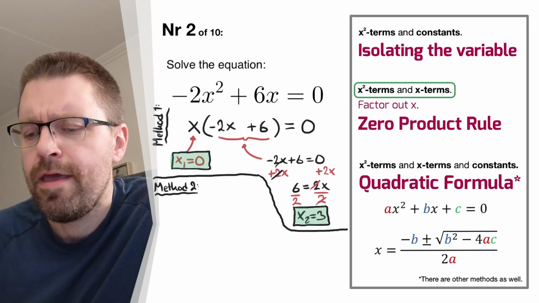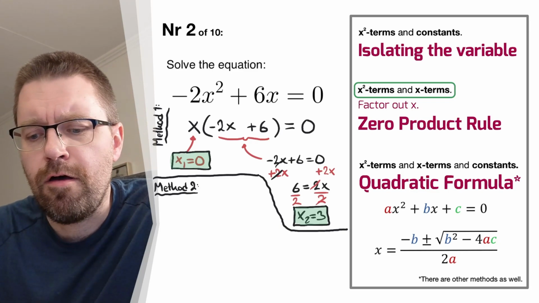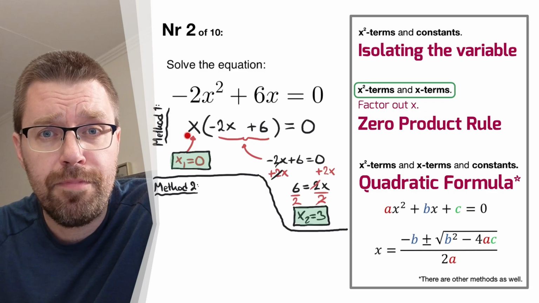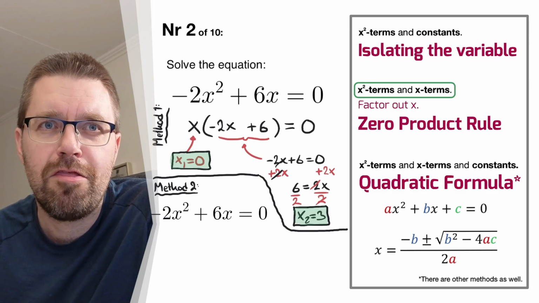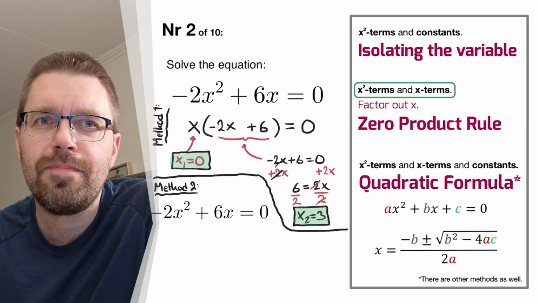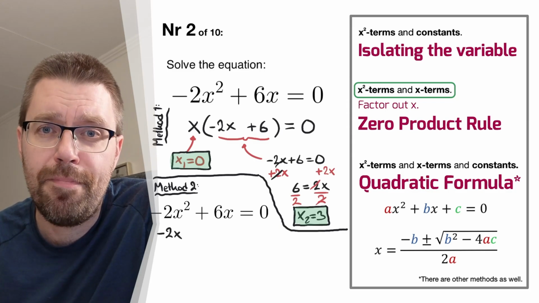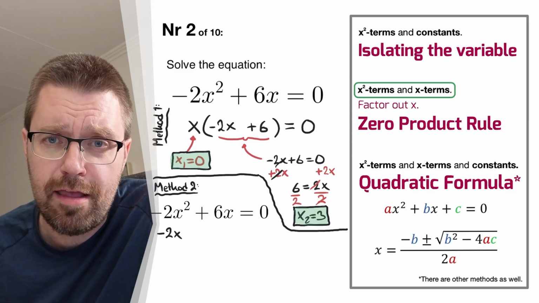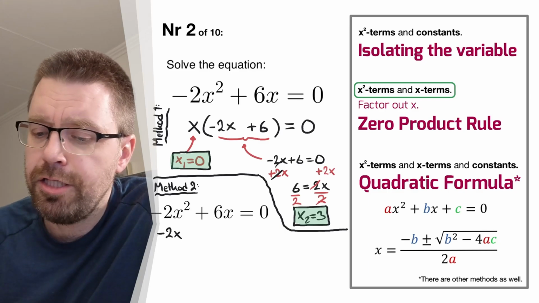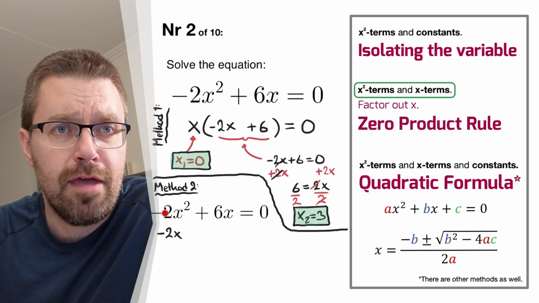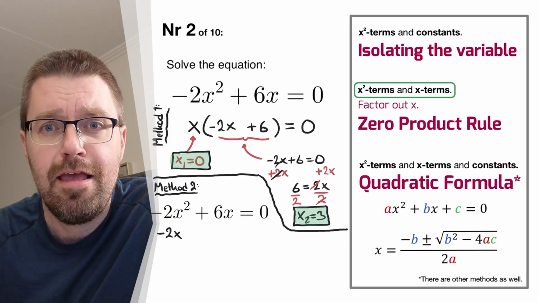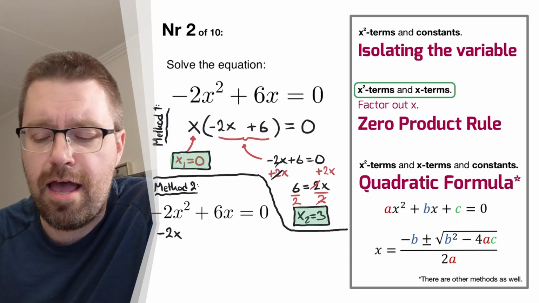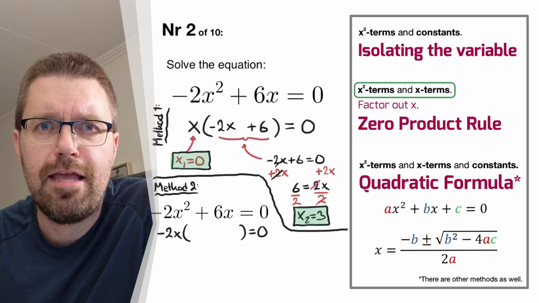This is one way, but instead of factoring out only x, you can factor out more things if you want to. So method 2 is to factor out minus 2x instead. I choose to factor out a negative number because I think it's easier if x is positive inside the parentheses like this.